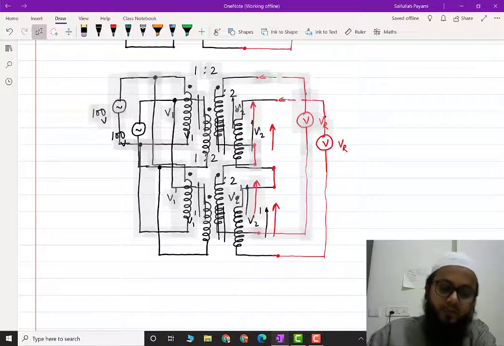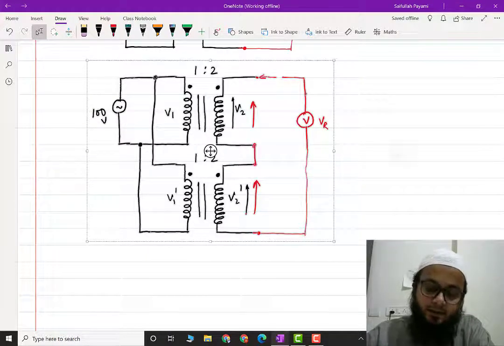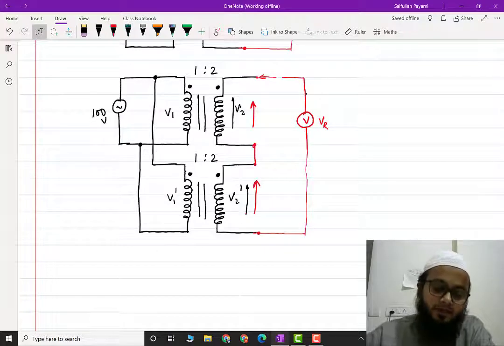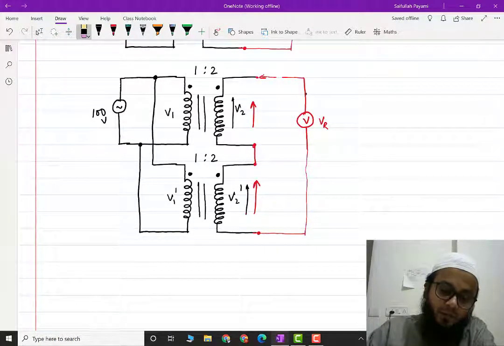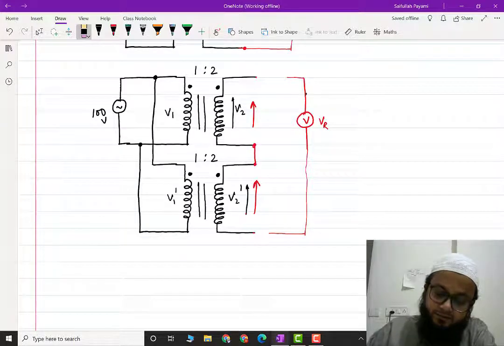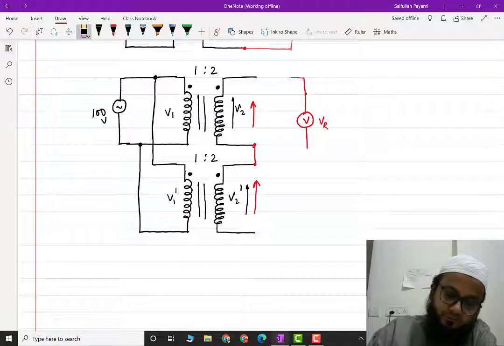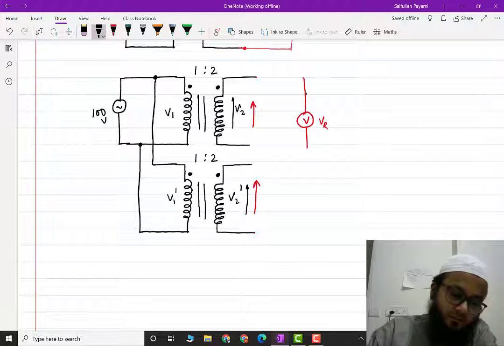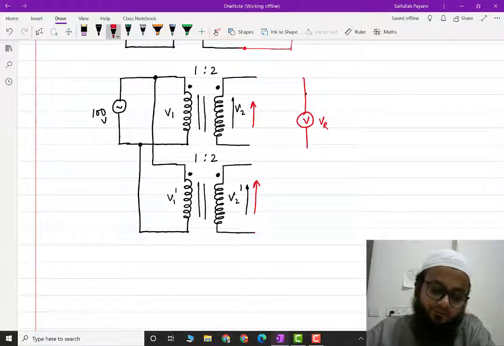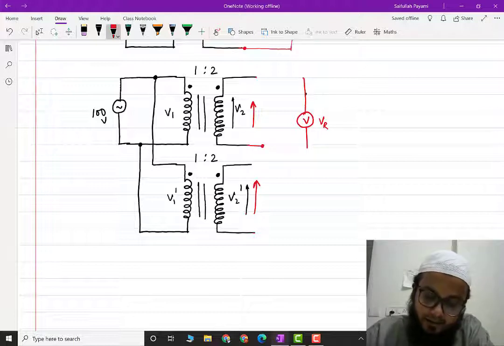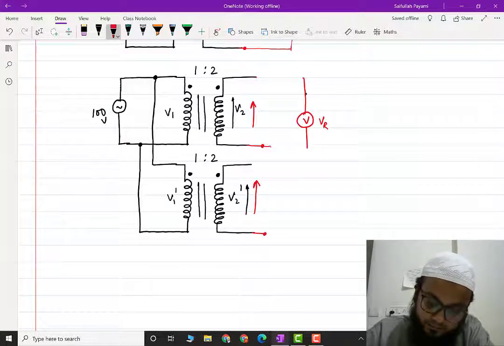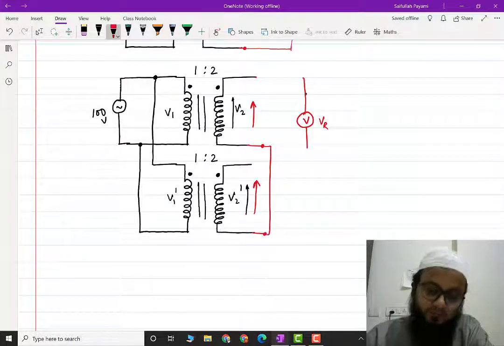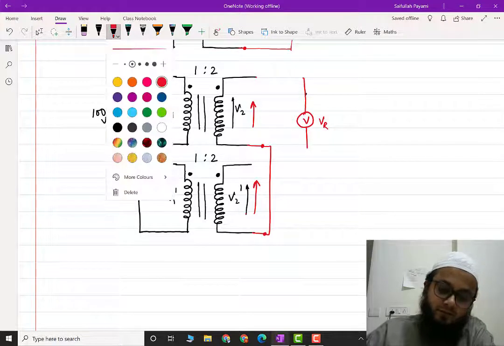Now the same transformer arrangement at the primary side, but what I am doing is, instead of having these connections, this time this end has been connected here, and the voltmeter is connected here.